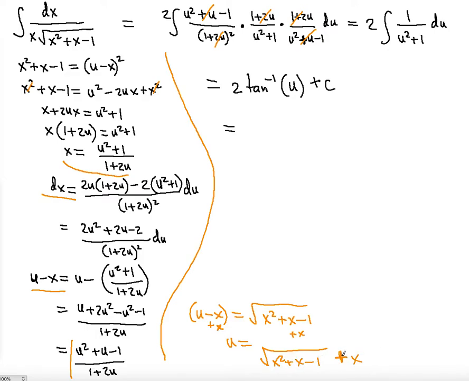So there you go. So 2 arctangent of the square root of x squared plus x minus 1 plus x, parentheses closed, plus a constant. So this is your final antiderivative.